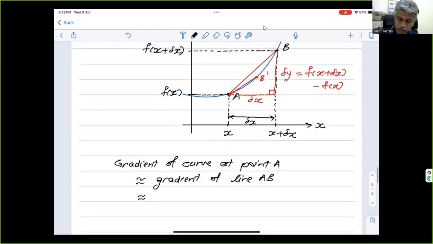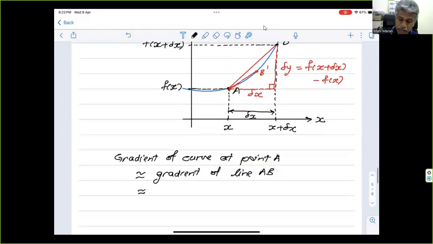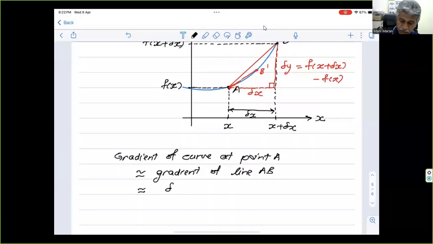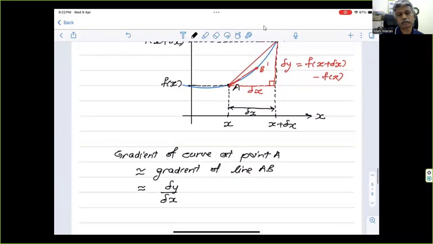The gradient is given by the ratio of the vertical height divided by the horizontal distance. The vertical height is delta y, so this will be delta y divided by delta x. Okay, that is the gradient directly from the figure.